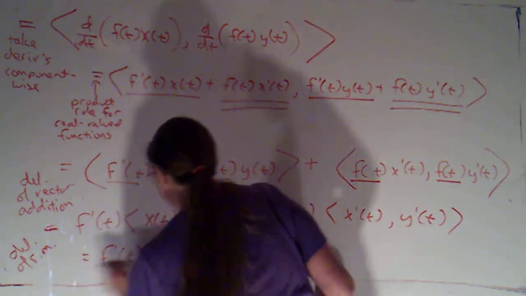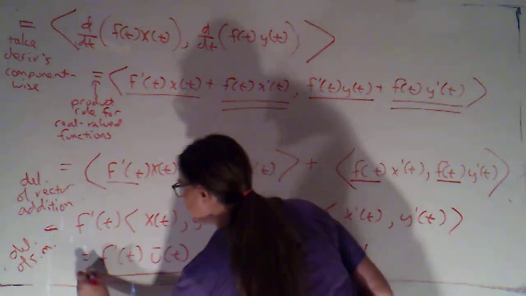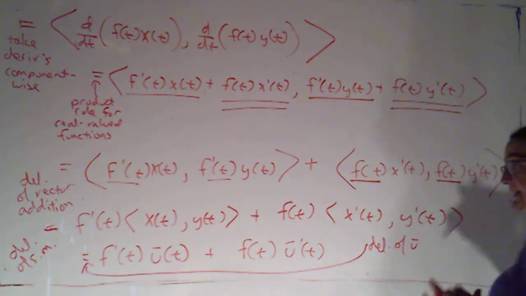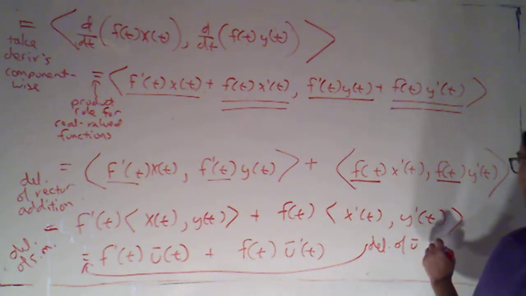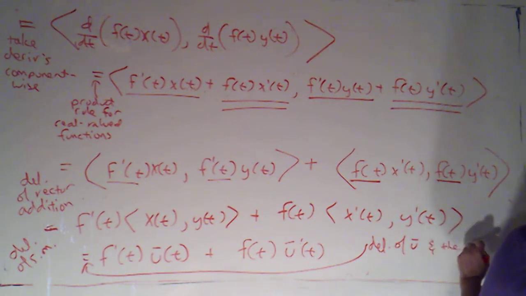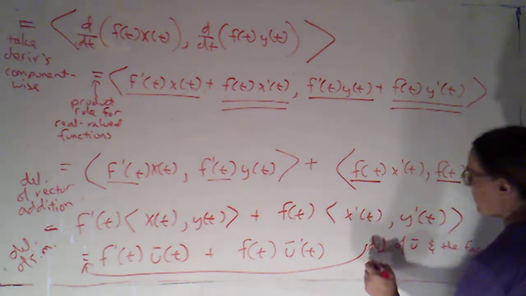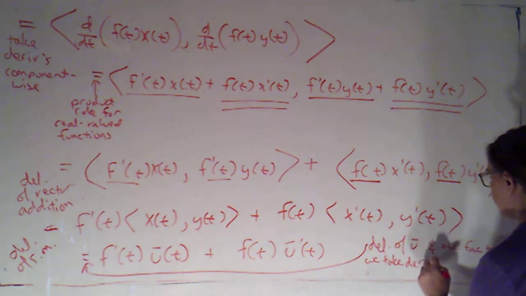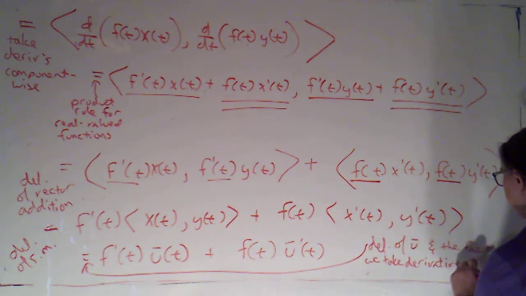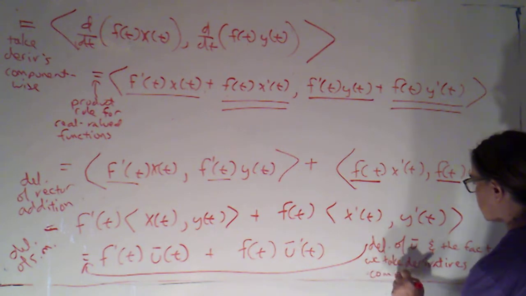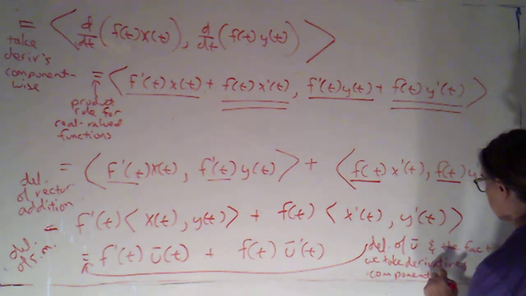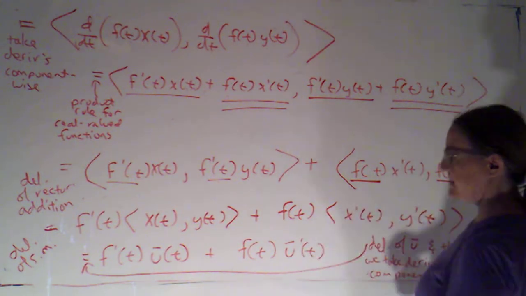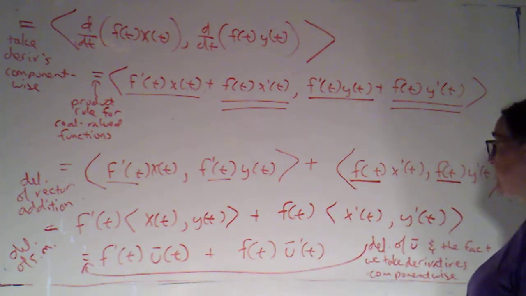Okay, so, I'm running out of space here, so my reason there would be the definition of u, because we explicitly stated that at the beginning, and the fact that we take derivatives component-wise. So that makes this the derivative of u. Okay.